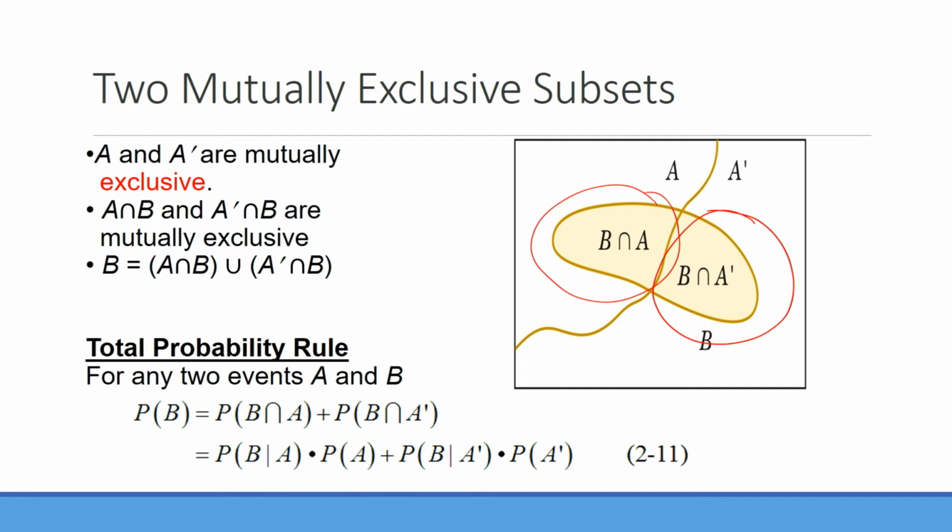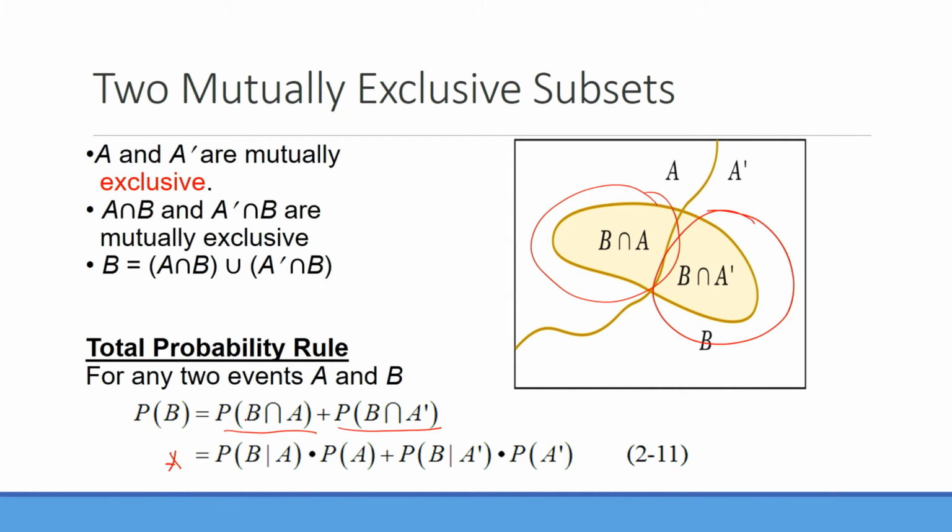And that's going to lead to this idea of the rule of total probability, which says for any two events A and B, B is going to be made up of finding B intersection A plus B intersection A complement, as long as we are exhaustive over the entire sample space. And then this last line down here that I'm starring right now is just substituting.